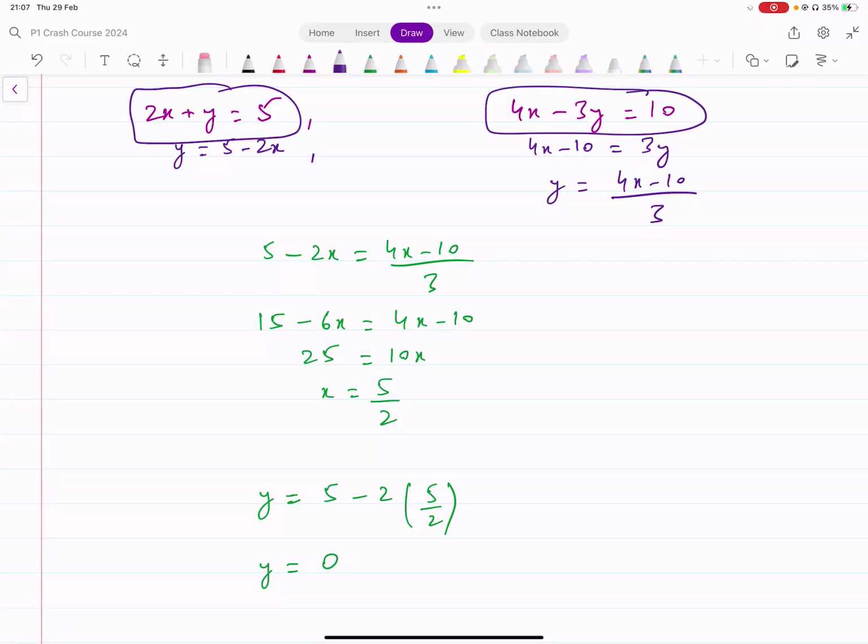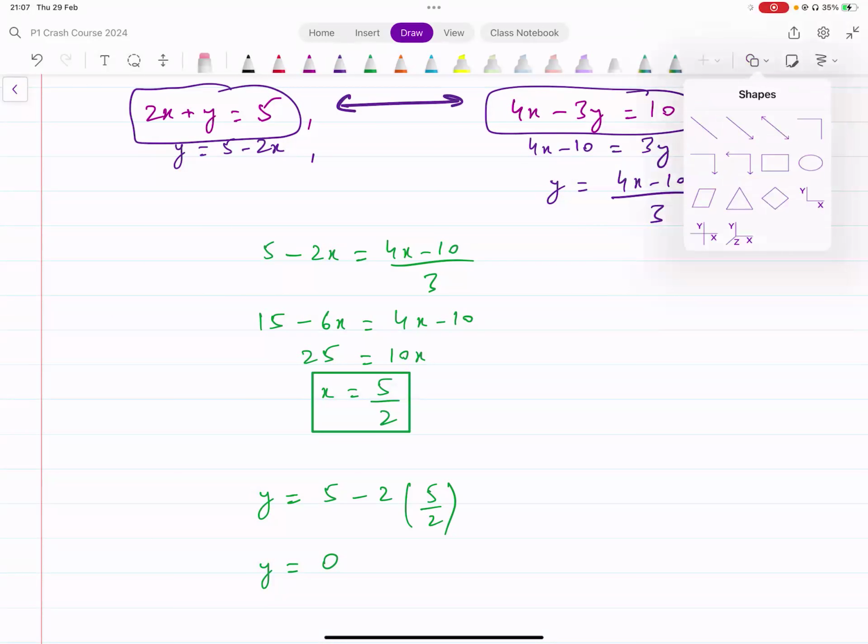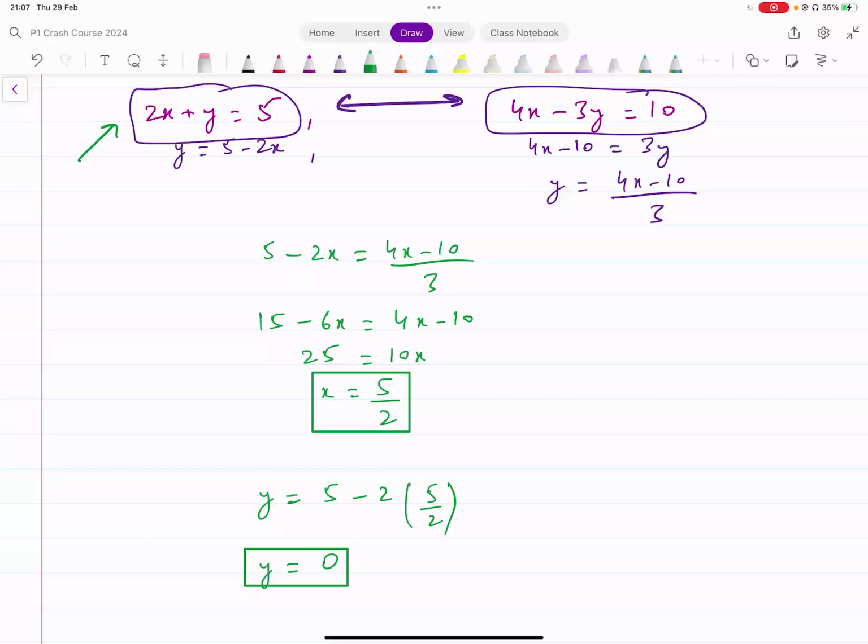These values of x and y are actually the only values that satisfy both of these equations at the same time. So algebraically, what it means is these values of x and y, x equals 5/2 and y equals 0, are the only values of x and y that would satisfy the first equation and the second equation at the same time.